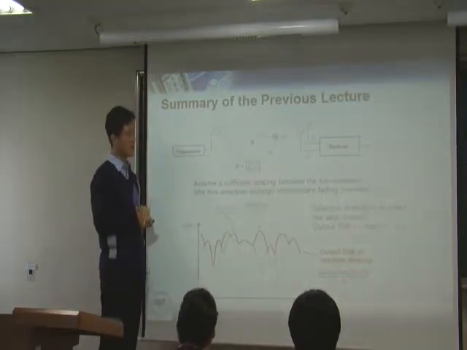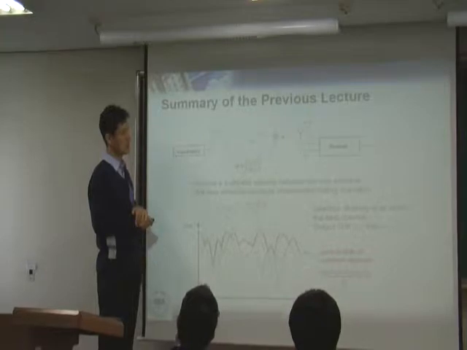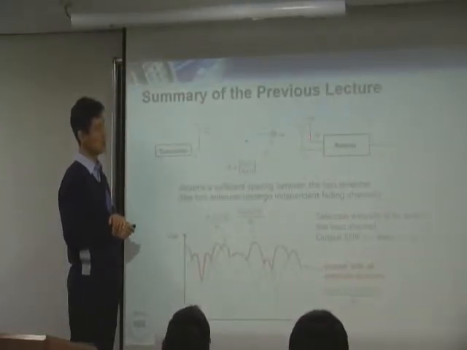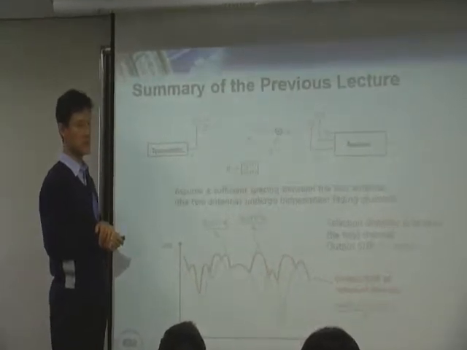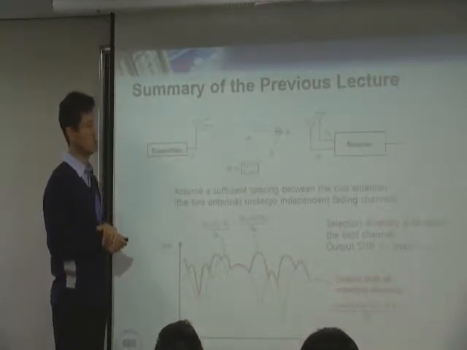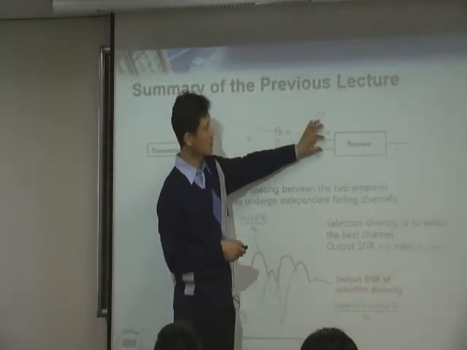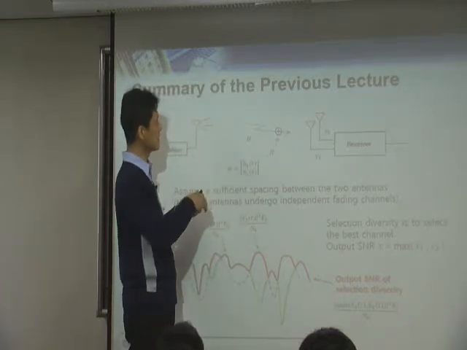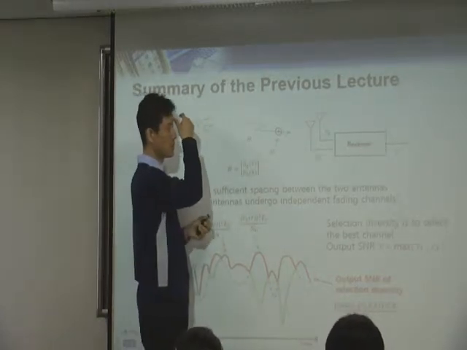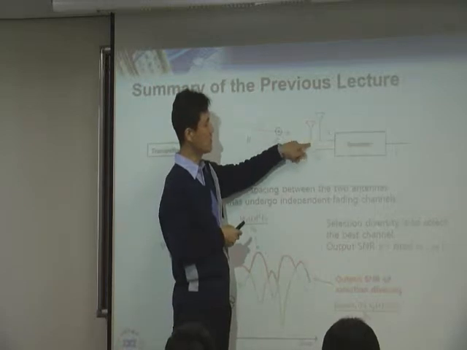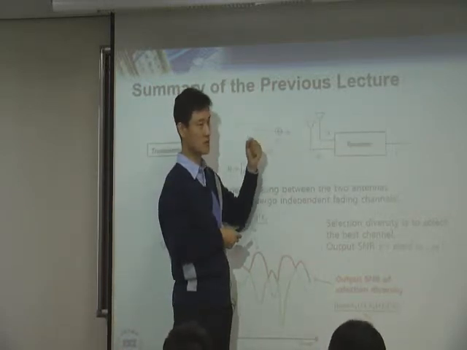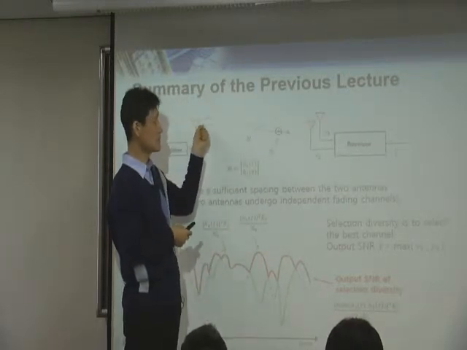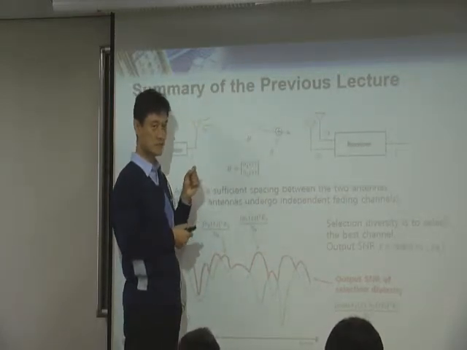And one thing that I need to mention here is that when you have two antennas at the receiver, you want to make these two antennas as much separated as possible. If you collocate these two antennas next to each other, the transmitted symbol may be received by the two receive antennas with the same form.